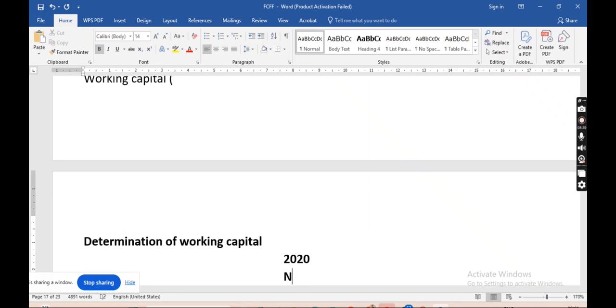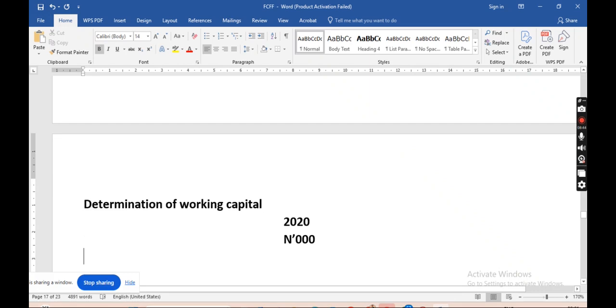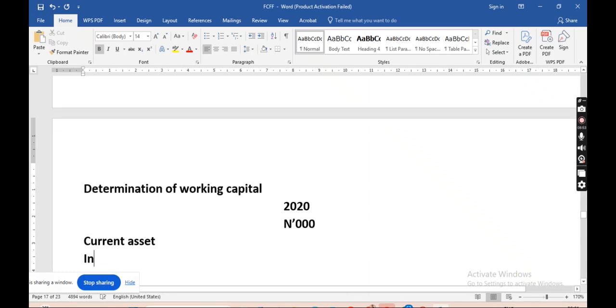Okay. So the current assets: we have inventory. What is the figure for the inventory? 17,000.